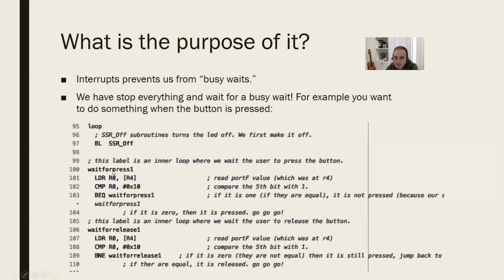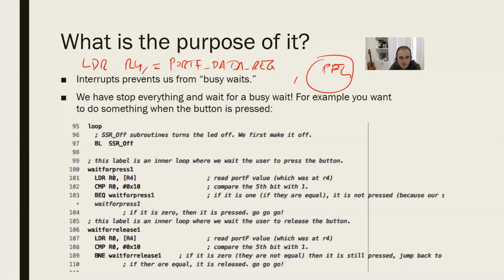We were debugging these lines of code, and since we made R0 point to R4, where you had a line like, you remember, in R4, at the top of the code, R4 equals something like the port F data register or port F PF4, the single pin map. You remember? So R4 is pointing here.